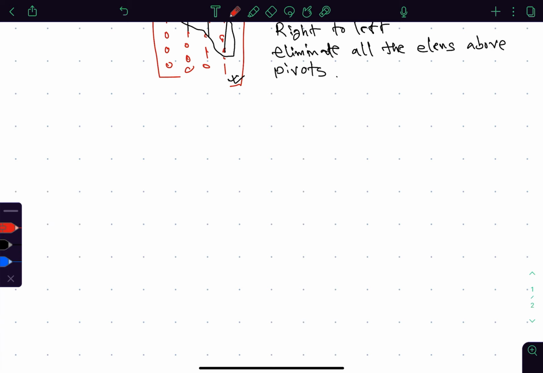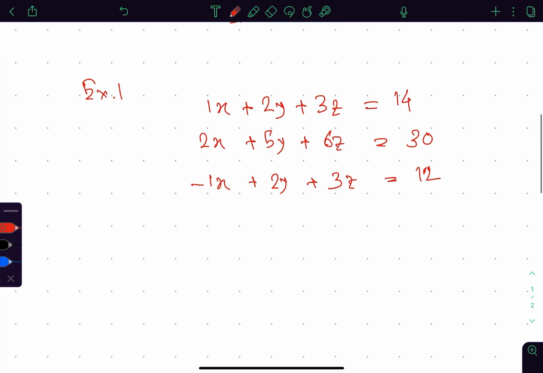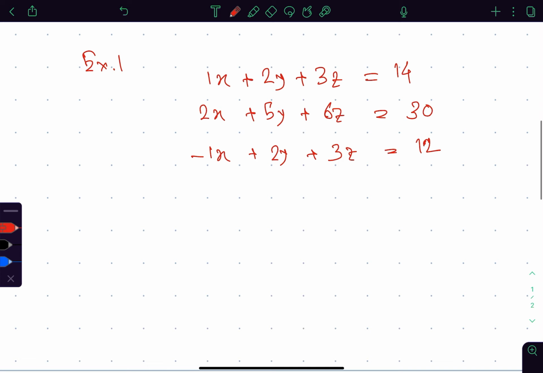Let me take 1x plus 2y plus 3z equals 14, and then we have 2x plus 5y plus 6z equals 30, and then maybe 1x plus 2y, same thing, plus 3z equals 12, right? So we have these three equations.